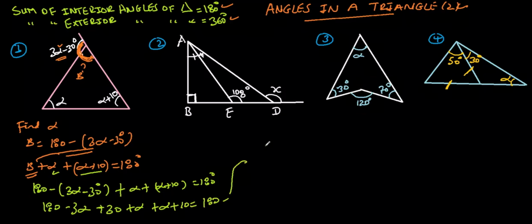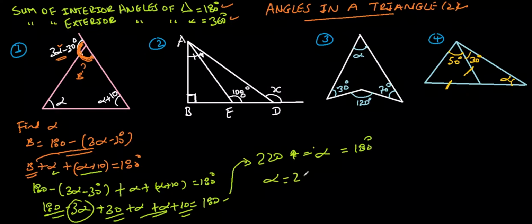Bringing it together, 180 plus 30 is 210, plus 10 is 220, and minus 3 alpha plus 2 alpha is just minus alpha, equal to 180 degrees.